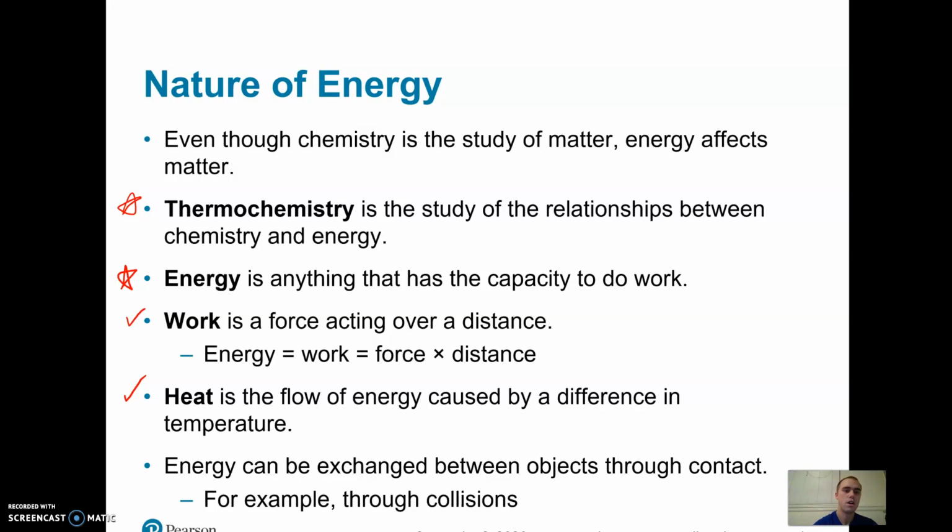Okay, so work and heat. From Gen Chem and Honors Chem, hopefully you have an idea of what heat is: the flow of energy caused by a difference in temperature. So when you feel something as hot, that energy is flowing into your skin or your hand from whatever you're touching or feeling.